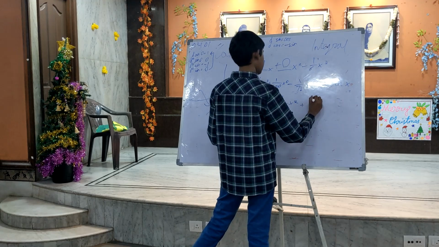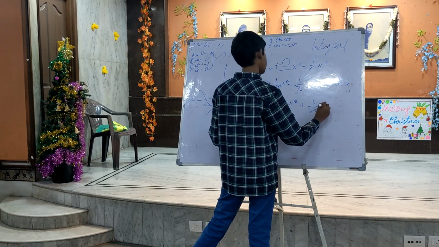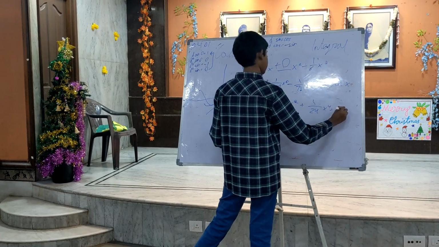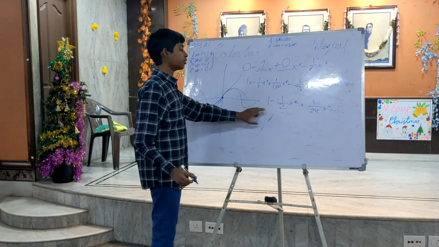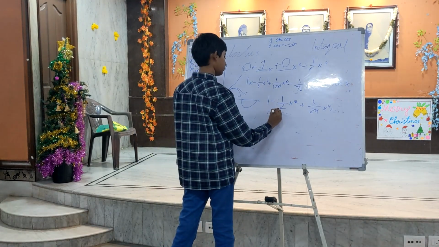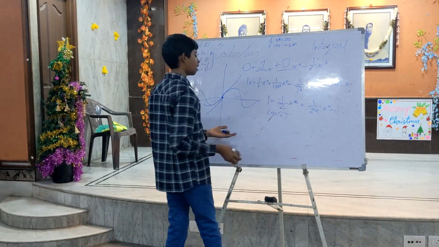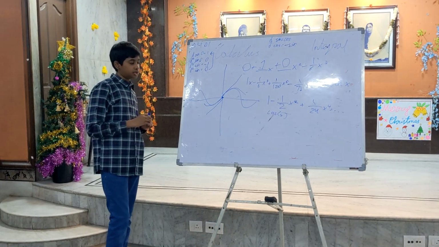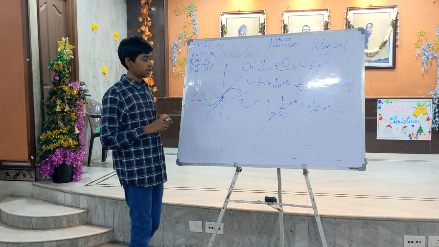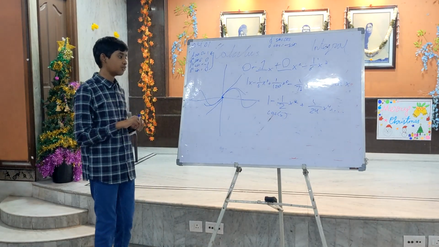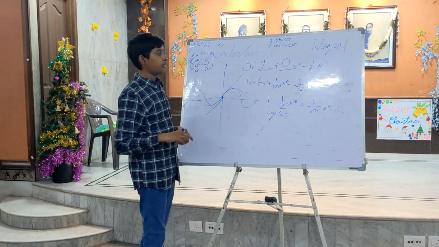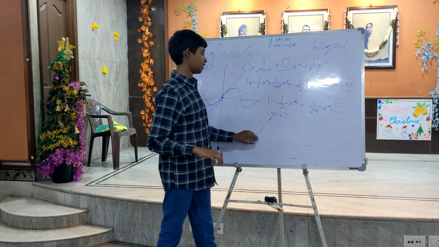Then you add 1/24 x to the 4th and so on and so forth. This is equal to cosine of x. And you might think that I'm pulling these series out randomly, but it's true that if you do the evaluation, you will have the same derivatives as cosine of x everywhere. So now we have the Taylor series of sine and cosine of x.